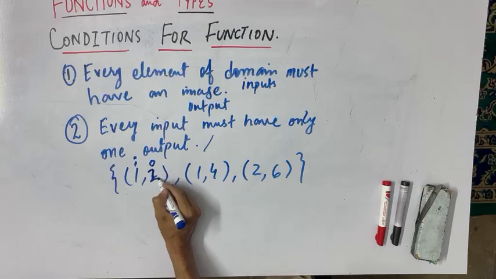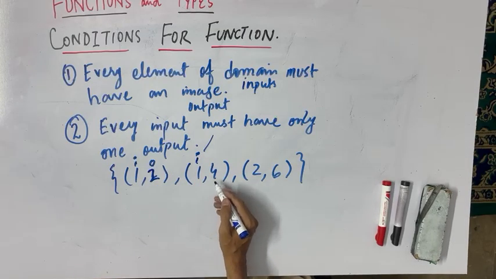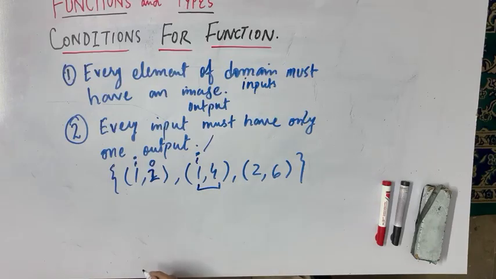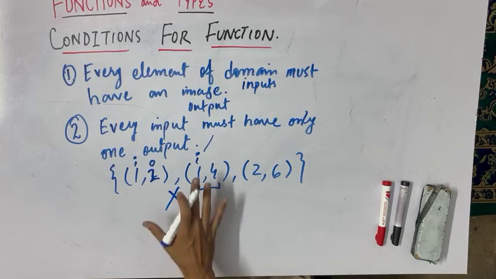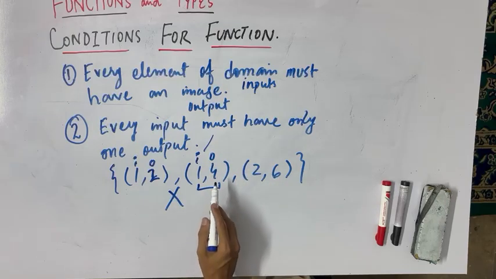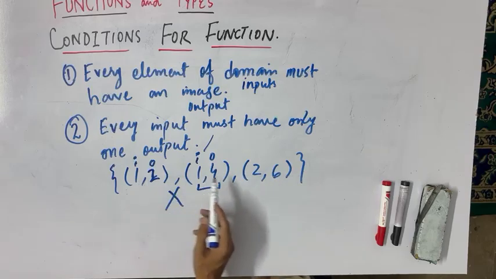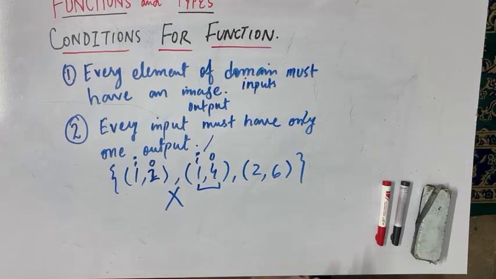Okay, and this is also the same input, but it is having another output, so it is repeating. So that is impossible for a function. It is a relation, it is a binary relation, but it is not a function, as the input is repeated. So whenever you see in a relation that the input is repeated, you will not consider that as a function. It is not a function, but you can take it as a relation only.